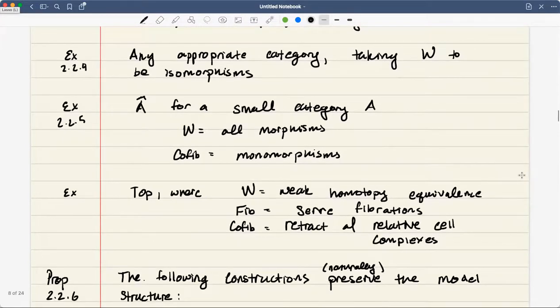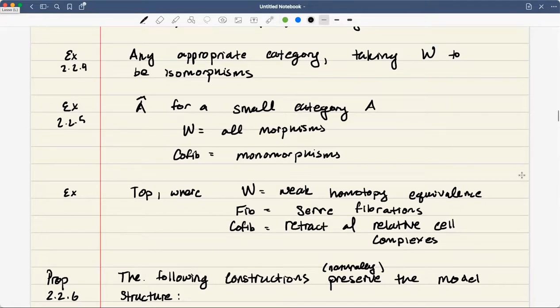So some examples: any category, taking your weak equivalences to be literal isomorphisms, but usually we want to study something that's notably weaker than isomorphisms. Then you have the category of presheaves for any small category. You can take your weak equivalences to be all morphisms and your cofibrations to be monomorphisms.